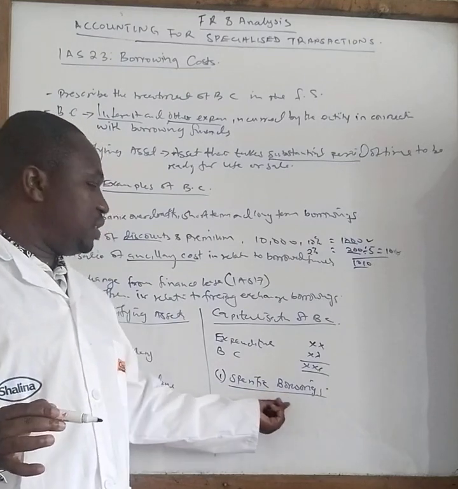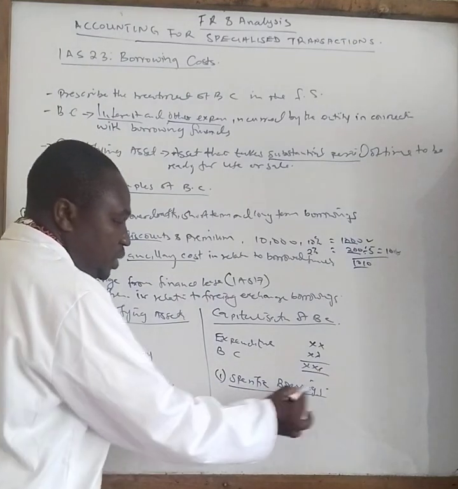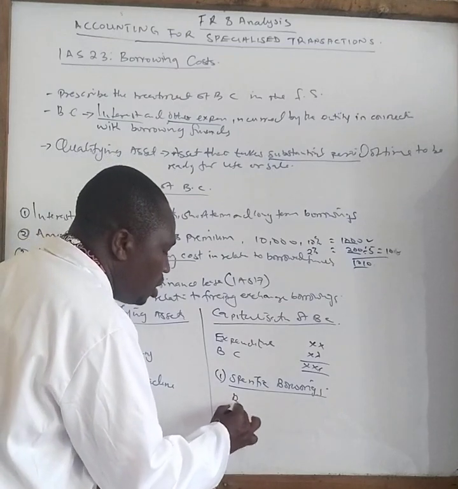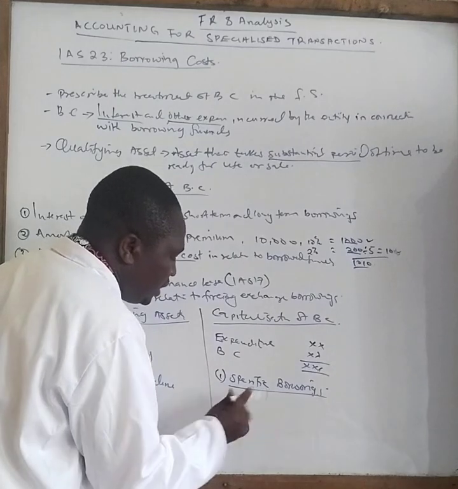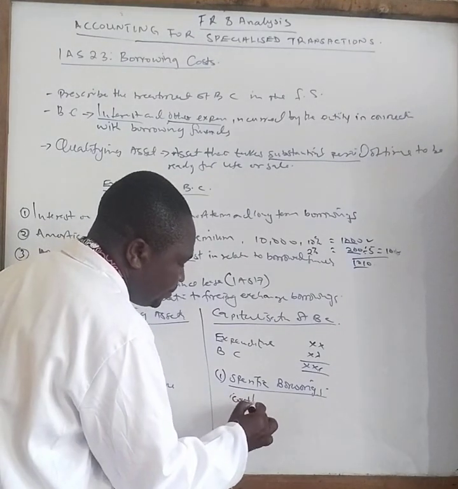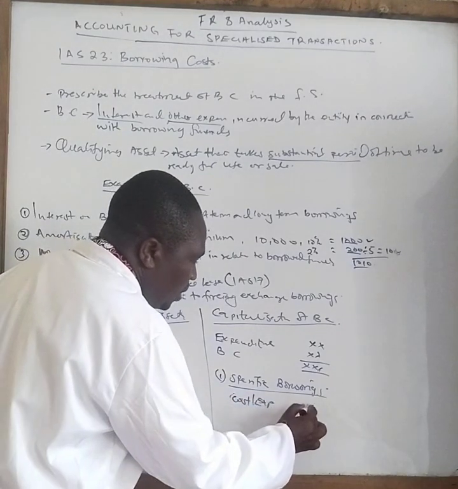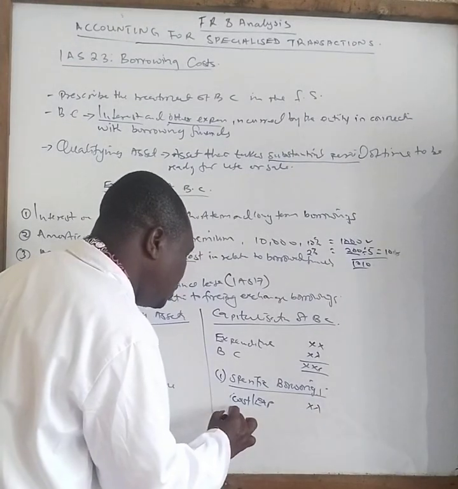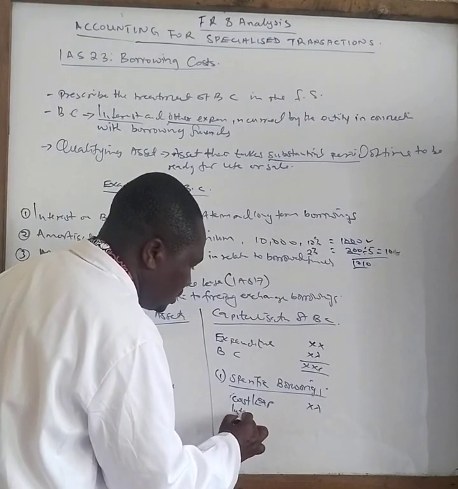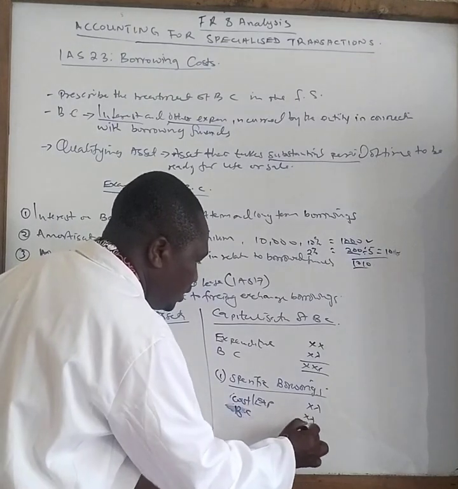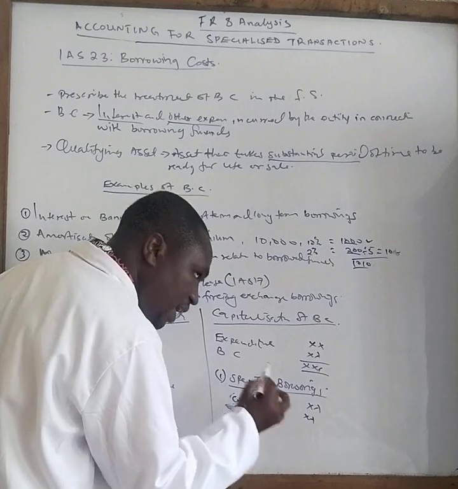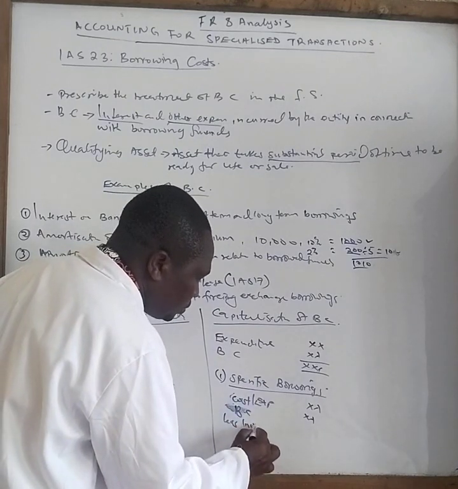Now, for specific borrowings, the borrowing cost is calculated by taking the cost or expenditure, you add there, correct? Then you add the borrowing cost, then you less any investment income.